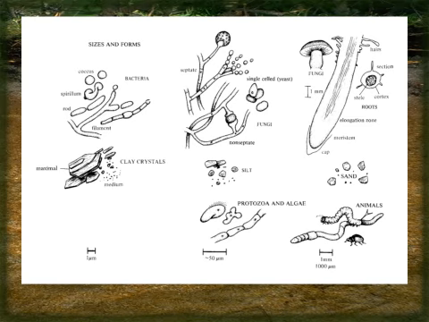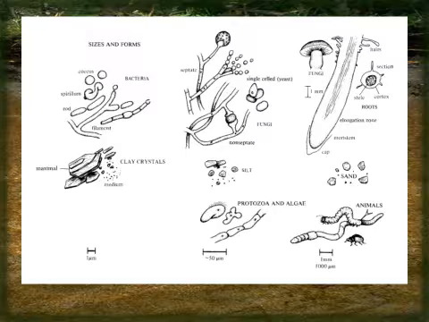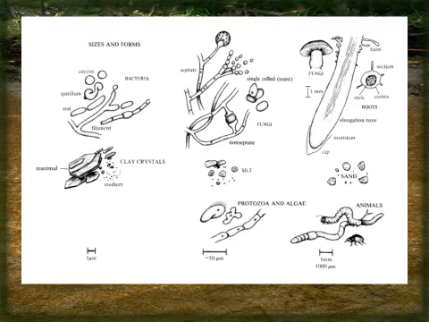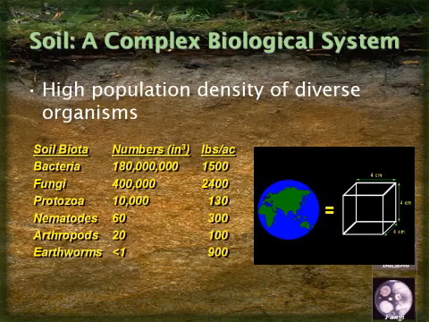And then lastly, in the sand realm, we've got different types of worms. We've got arthropods or bugs. And we've got most of the biology that's in the sand-sized particle range we can see. So again, lots of different size and shape.